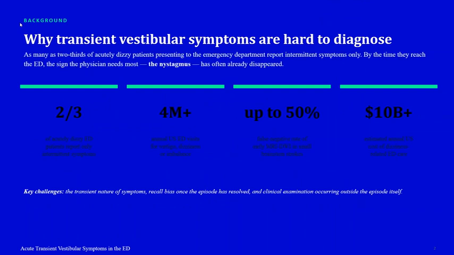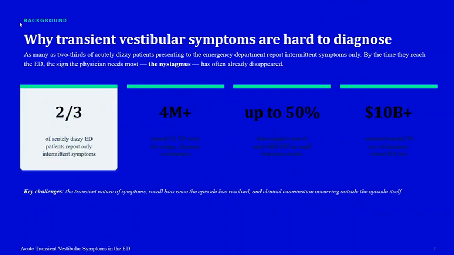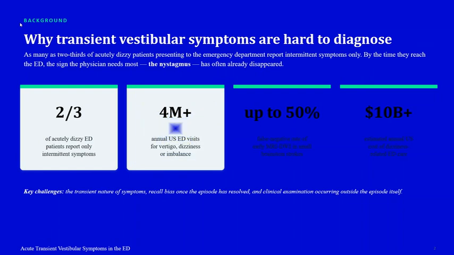As many as two-thirds of the acutely dizzy patients presenting to the emergency department report intermittent symptoms only. By the time they reach the emergency department, the sign the physician needs most, the nystagmus, has already disappeared. Over 4 million annual US emergency department visits occur for vertigo, dizziness, or imbalance.